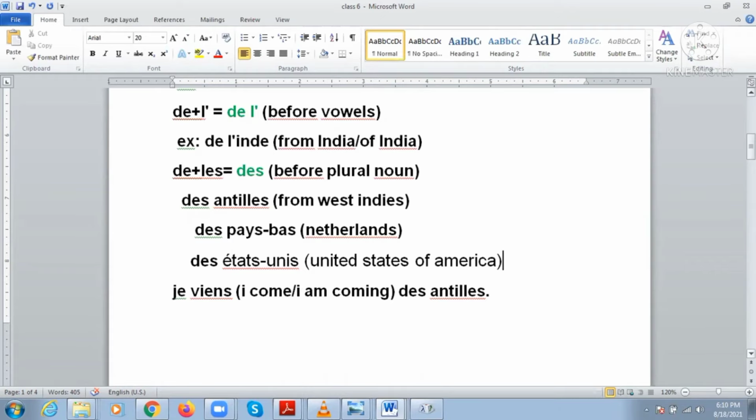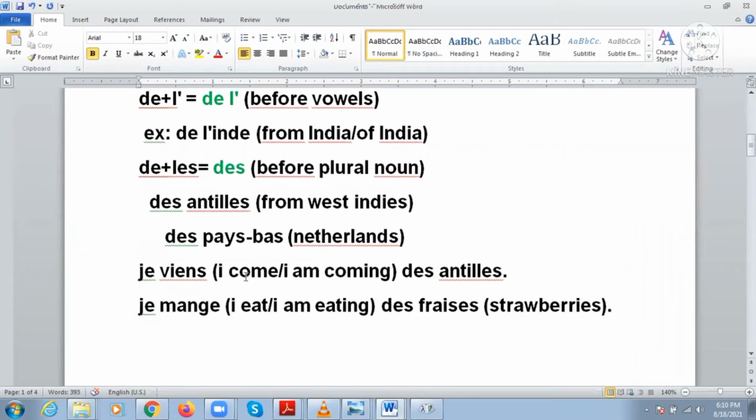Like, if the sentence is, je viens des Antilles. Je viens is I come or I'm coming from. If the sentence is, je viens des Antilles, it is quite obvious that here "des" means of or from. It cannot mean some here.